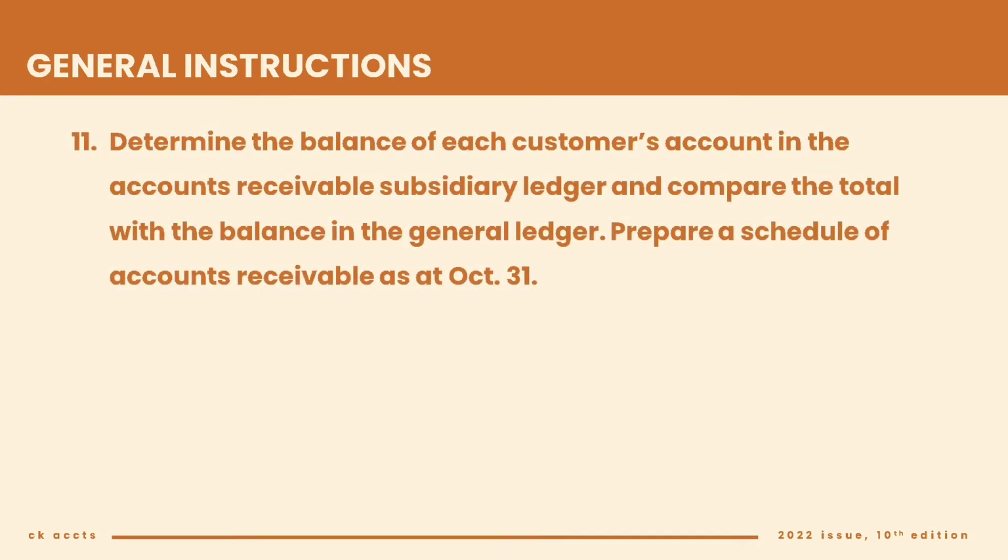Okay. Next, determine the balance of each customer's accounts in the accounts receivable subsidiary ledger and compare the total with the balance in the general ledger. Prepare a schedule of accounts receivable as at October 31. So, di ba sa ating practice set, meron tayong tinatawag na accounts receivable subsidiary ledger, and it is the ledger for records ng bawat customers ni Kashato, kung sino yung nagkakautang sa kanya.